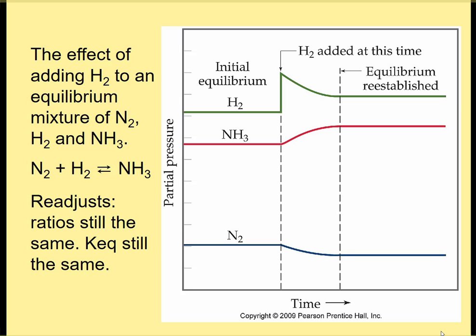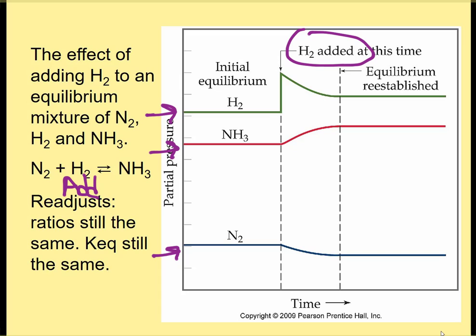What would happen if you're at equilibrium and then you add something? So that's LeChatelier's principle. This is a diagram that shows adding a reactant. So I have my initial equilibrium. I know I'm at equilibrium because my concentrations are staying the same in all three of them. But then here I'm adding my hydrogen.